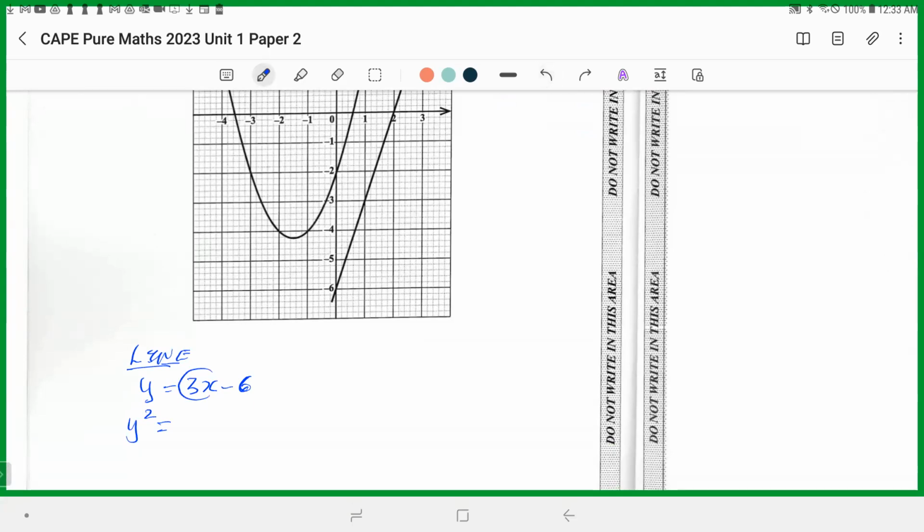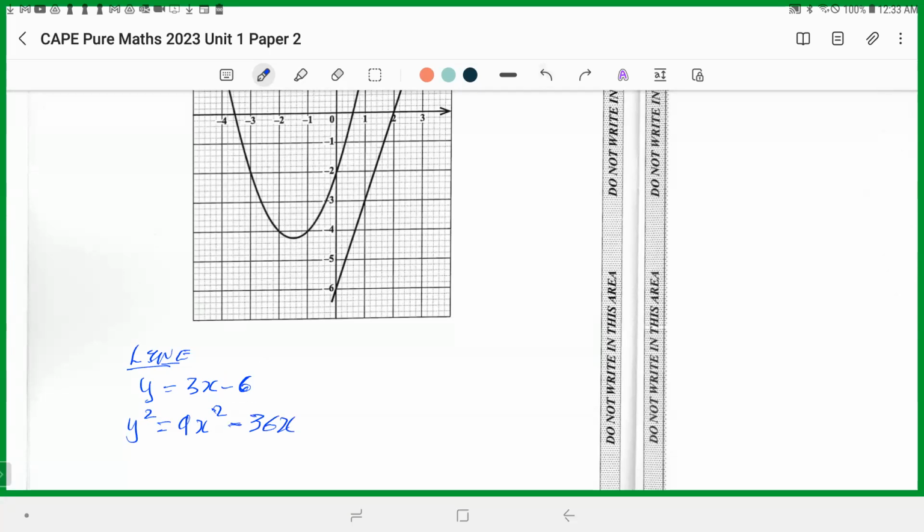The first term squared is 9x squared. Then twice the product of the two: multiply this and this, you get negative 18x times 2. 2 times 6 is 12, 12 times 3 is 36, so 36x. Second term squared is 36.